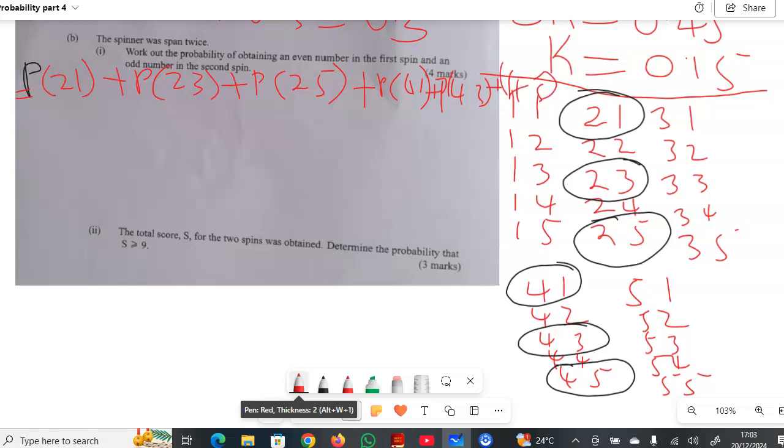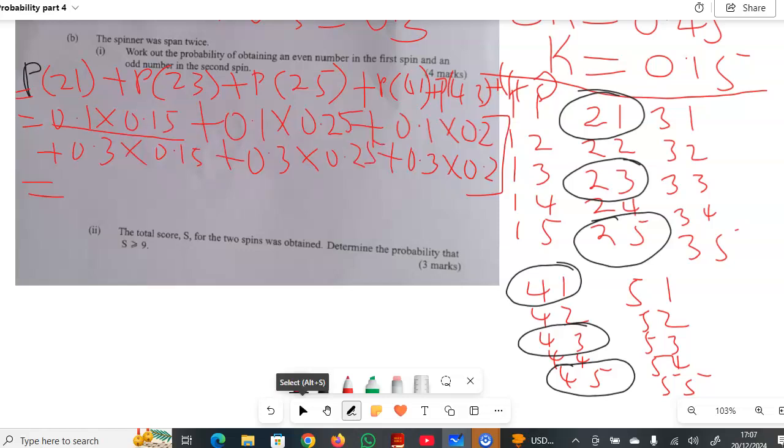So probability of 2, 1: the probability of getting a 2 is 0.1, so this is going to be 0.1 times the probability of getting 1, which is 0.15.